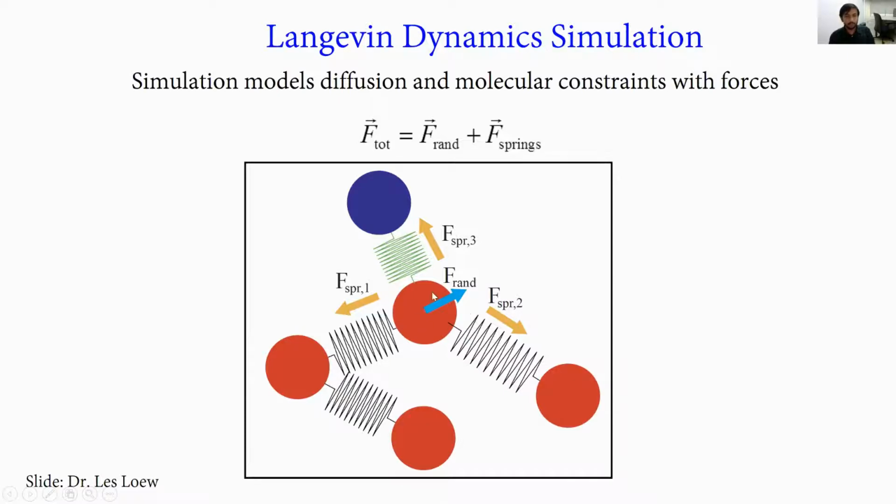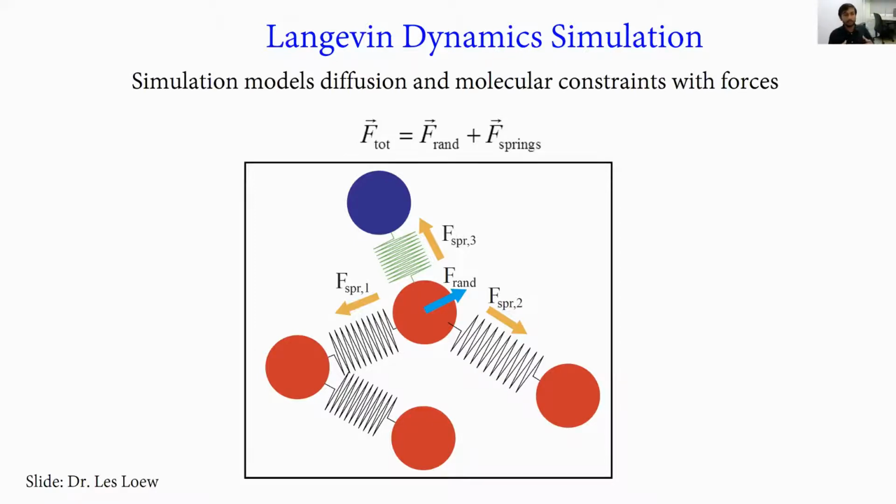So as you can imagine, the more links that you put around a site, the less mobile it would be, because there will be a high likelihood that all those forces can vectorially cancel each other, so the particle would not move a lot. So that's another way to reduce the diffusion of a site. If it's highly cross-linked with a bunch of other sites, then effectively, the diffusion constant of that particular site would be very, very low, even though you are not changing the diffusion constant of that particular site by itself.